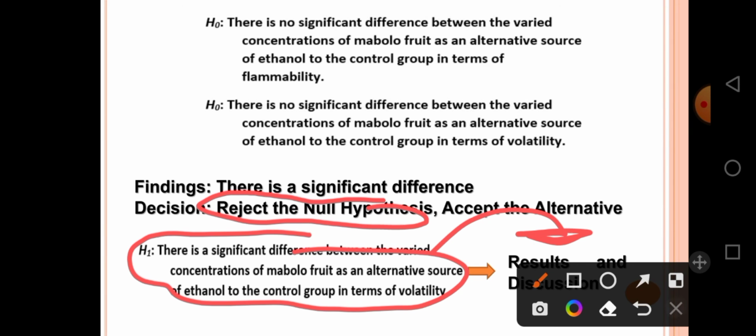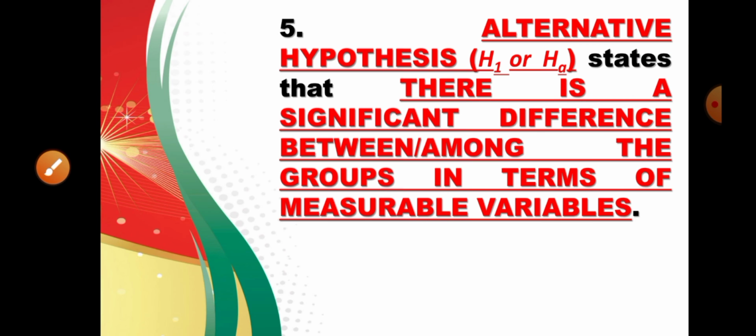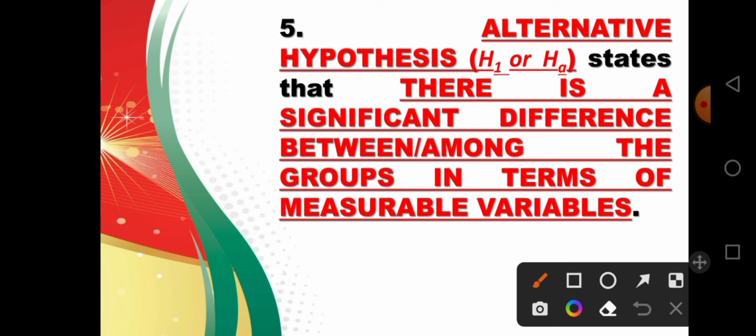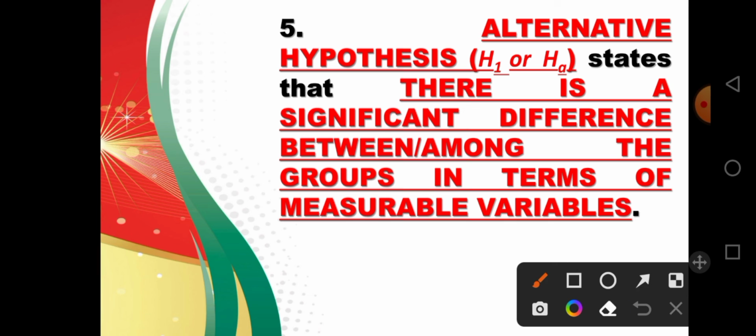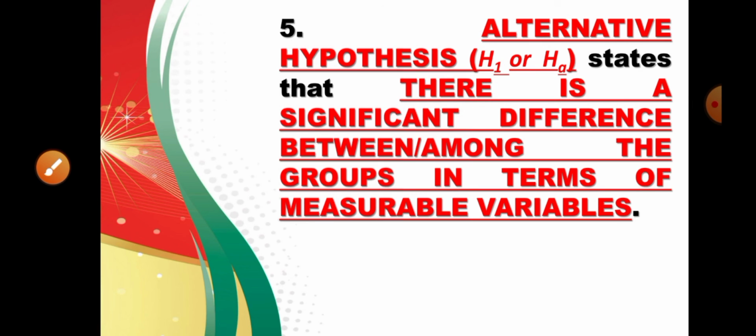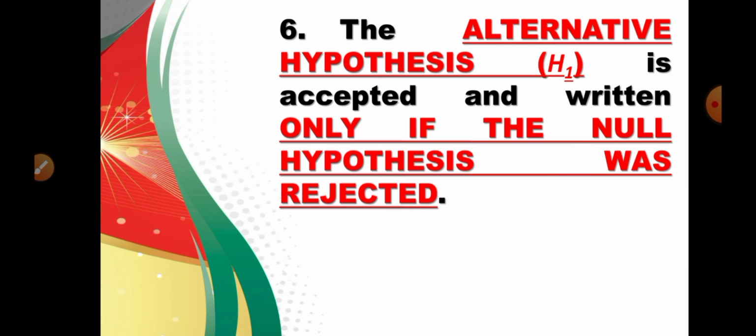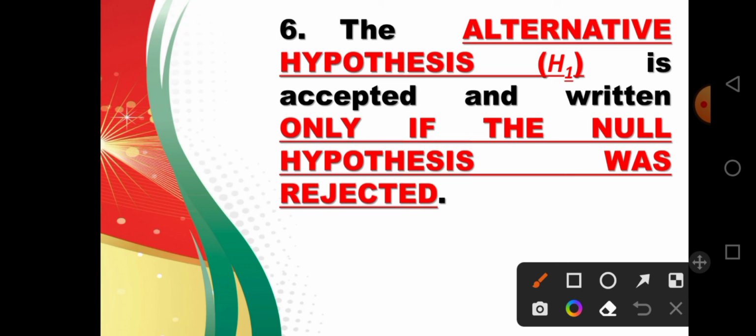So that is how we define the alternative hypothesis. The alternative hypothesis is defined as the hypothesis that states that there is a significant difference. And the alternative hypothesis is indicated by H sub 1 or H sub A. And another thing, class, the one thing that we mentioned earlier, the alternative hypothesis is only accepted and written if the null hypothesis was rejected.